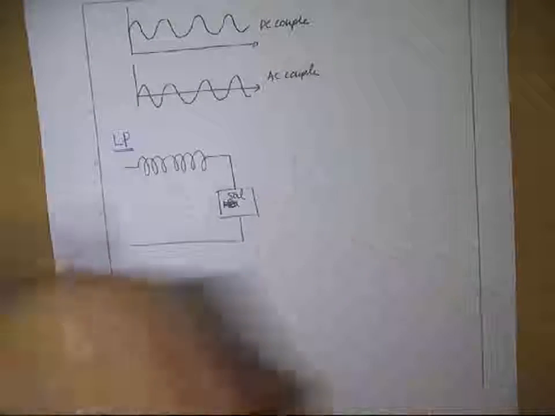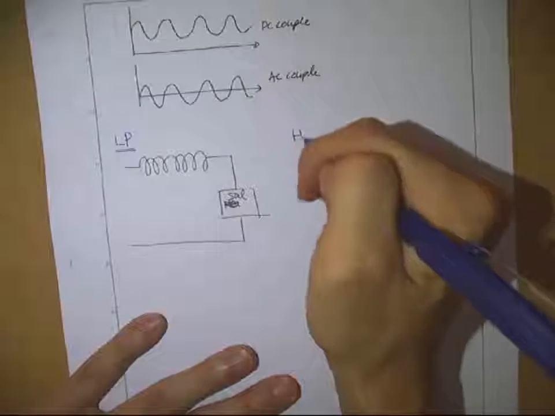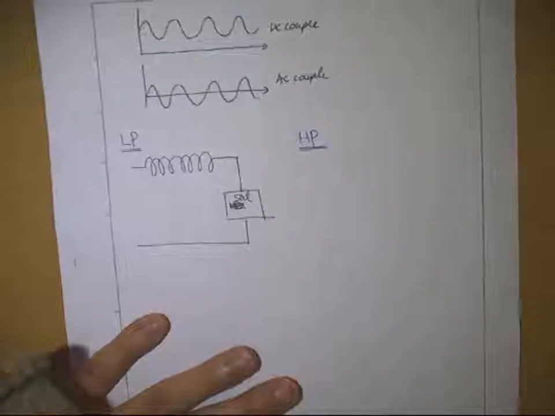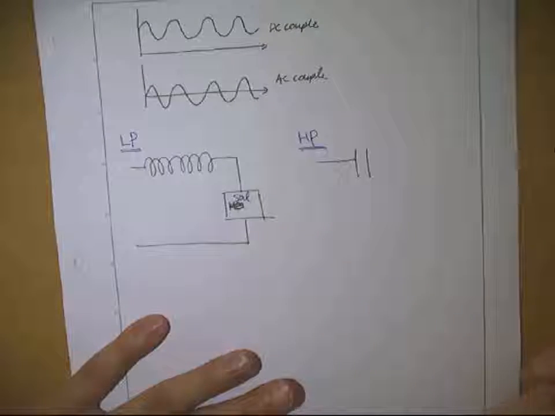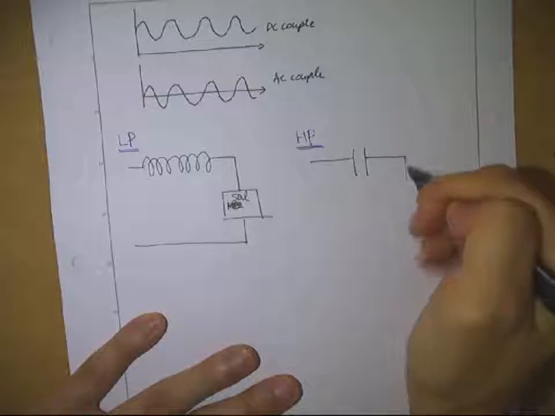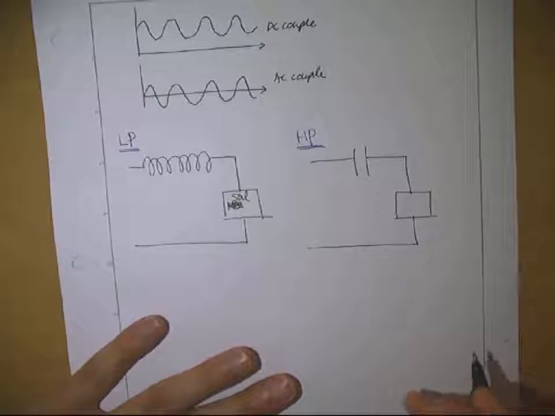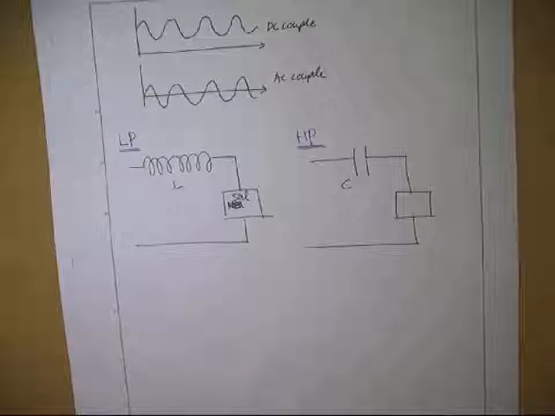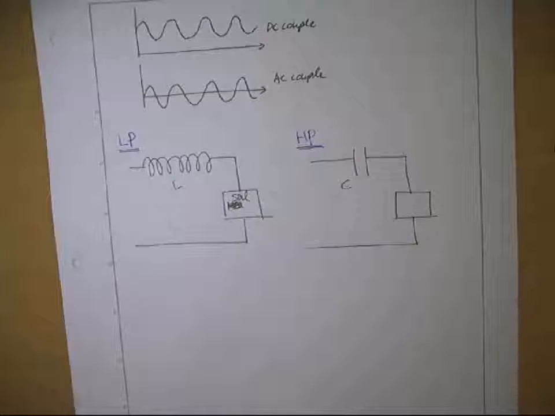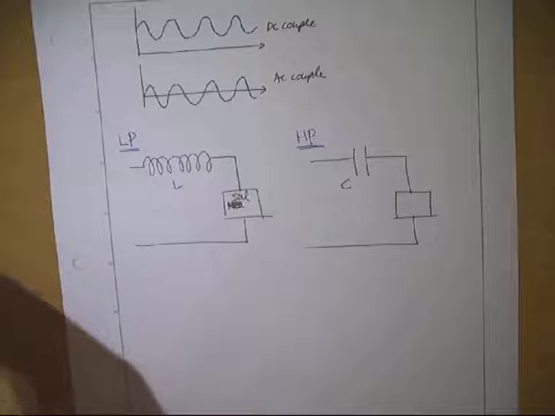And you can also design a high pass filter using the capacitor. You can just put the capacitor in series with the sample, right? The L and the C. So this is actually the same function that you use for the oscilloscope.